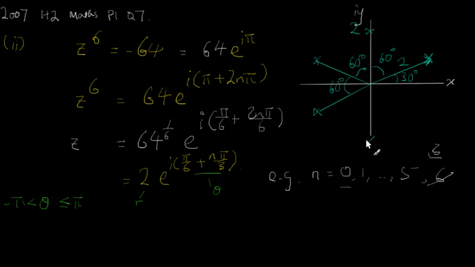Another 60 degrees here would bring me right down to -2 actually. And another 60 degrees. Now from here, if I add another 60 degrees, I would come back to the same root as before.